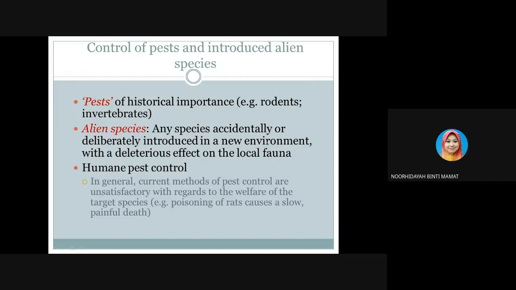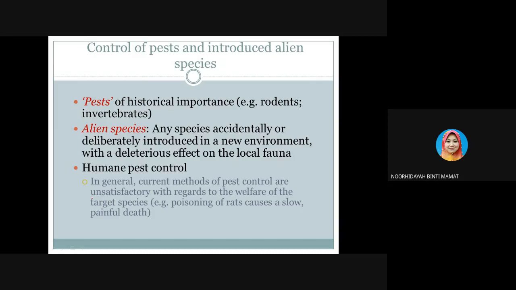So certain animals are regarded as pests by humans, and the prevention of pests is the most effective way of dealing with such animals. Pest control can be aided by strict hygiene measures and secure storage of food.